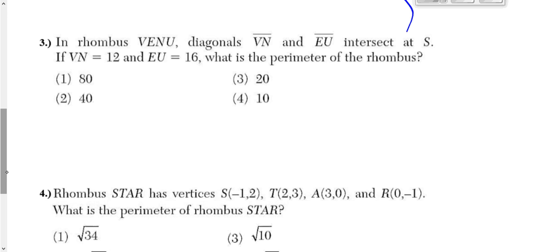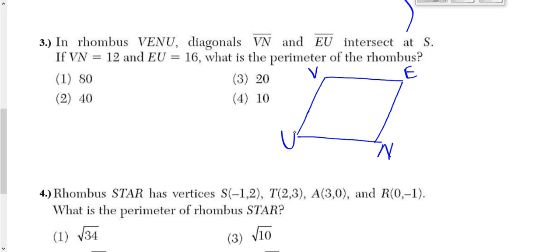So I'd make a sketch right out of the gate. Yep, that's smart. Rhombus. It's not necessarily square, right? V-E-N-U. V-N intersected. So we got ourselves some diagonals in here, right?